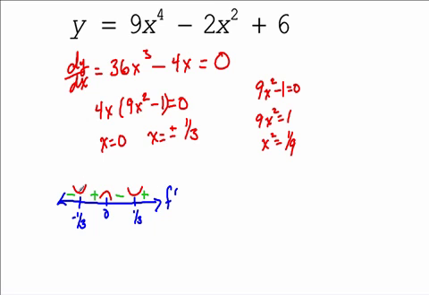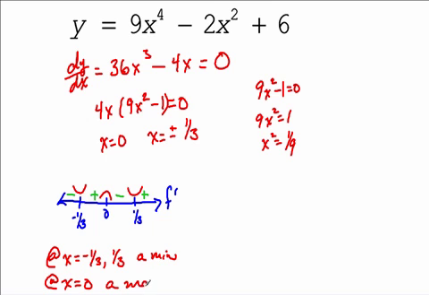Okay, so we go minimum, positive, minimum, maximum, minimum. So we say at x equals negative 1/3 and positive 1/3, we have a min. Okay, and at x equals 0, we have a max.